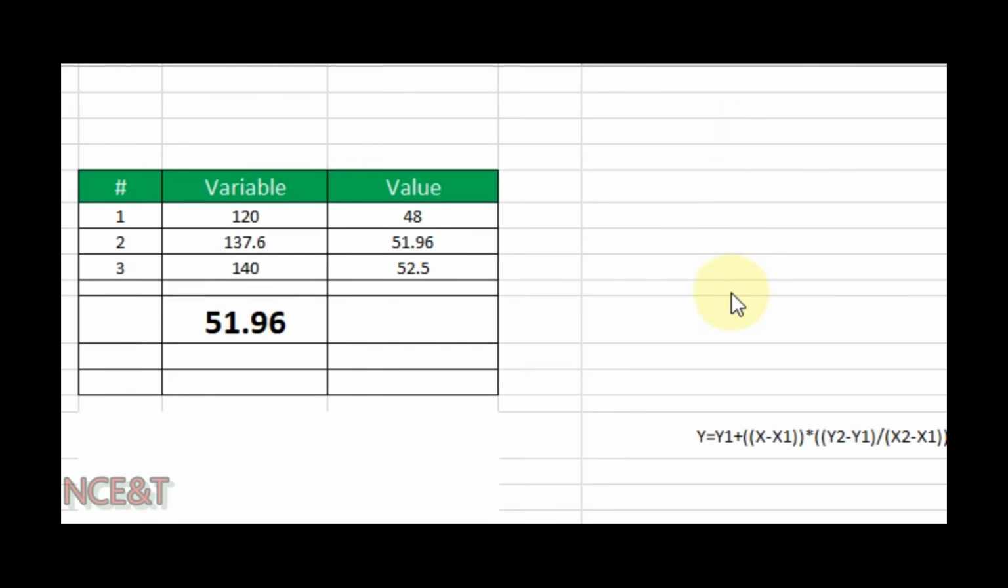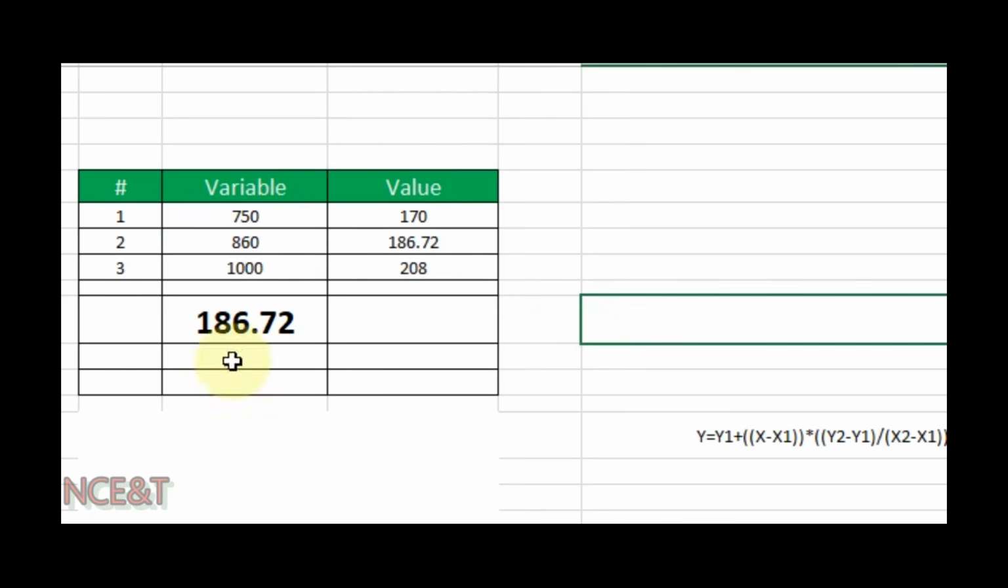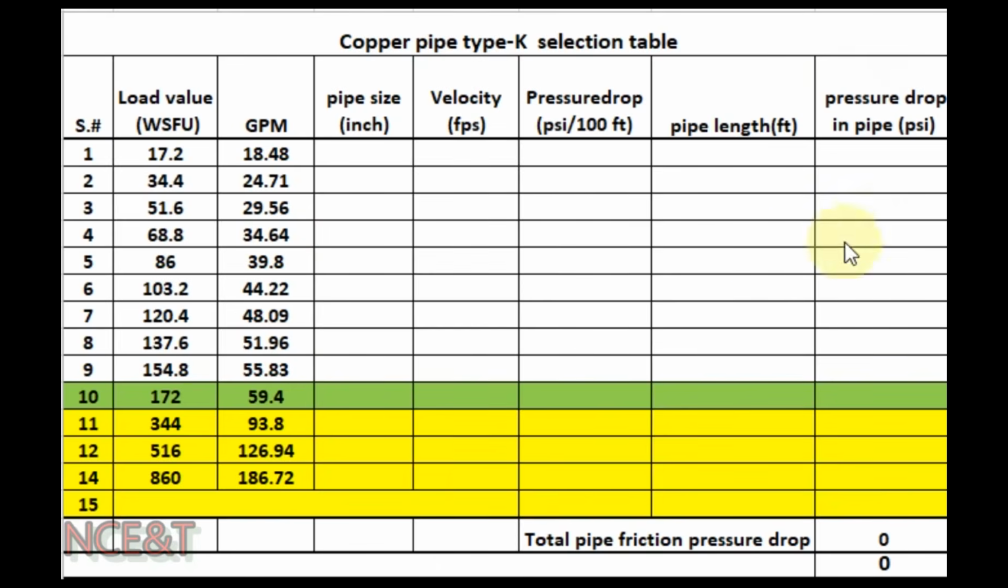Similarly, to select the GPM for 860 water supply fixture unit, we know the value for 750 is 170, and for 1000 it is 208. Then the GPM needed for 860 water supply fixture unit is 186.72. Similarly, we can select the GPM for all the segments.